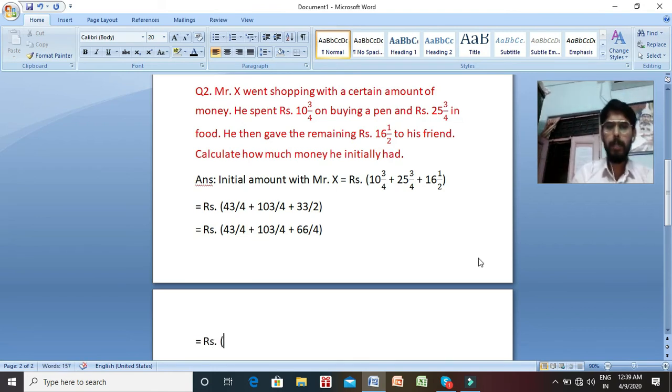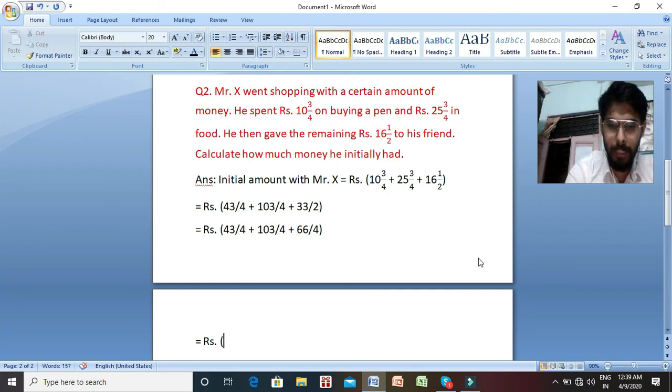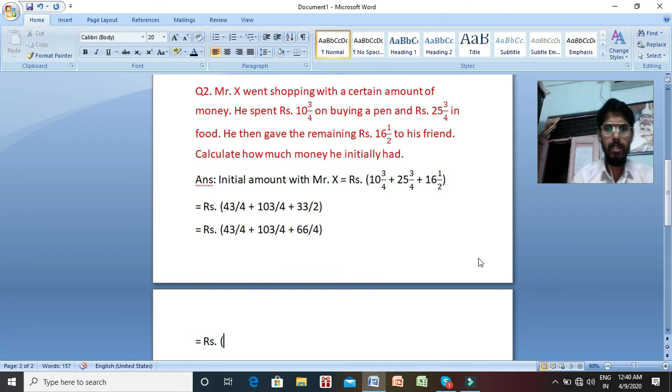So 43 plus 103 plus 66. So what should be the answer? 3 plus 3 is 6. 6 plus 6 is 12. Carries 2. So something around, let's say, 6, 3.